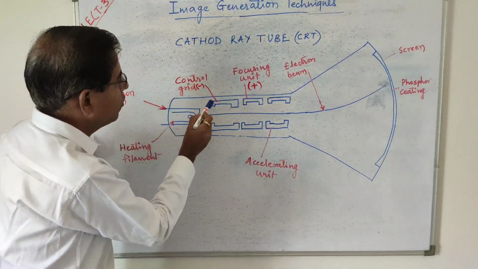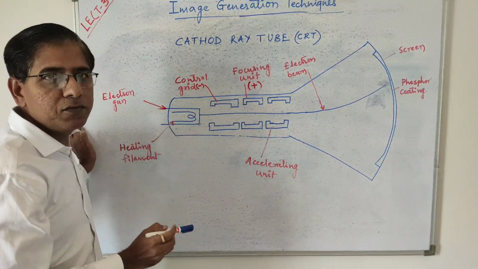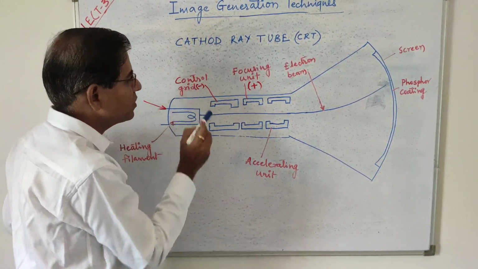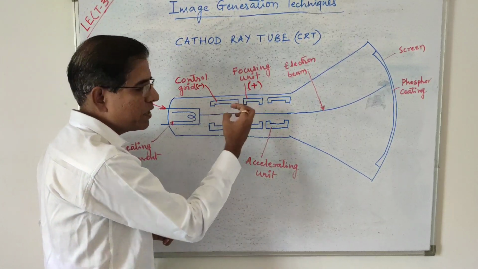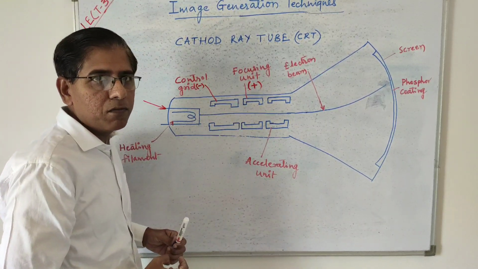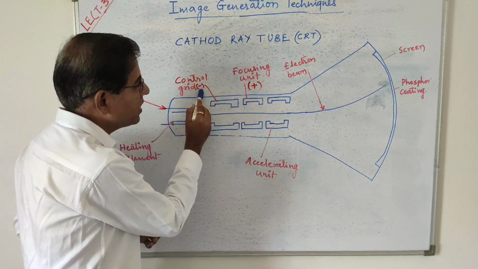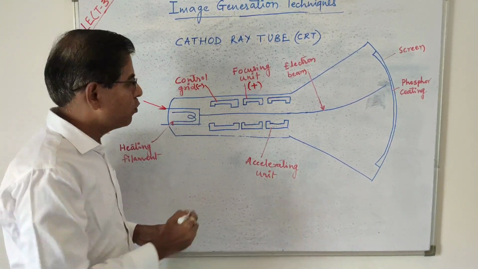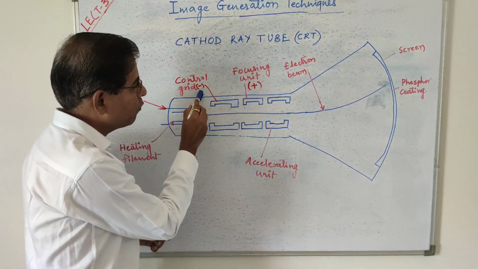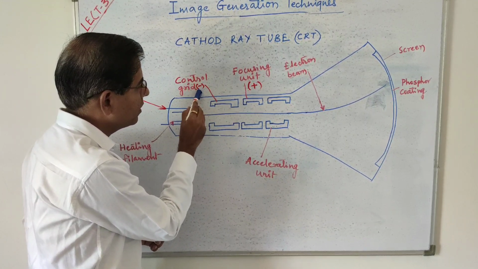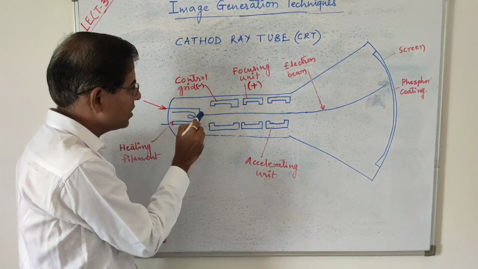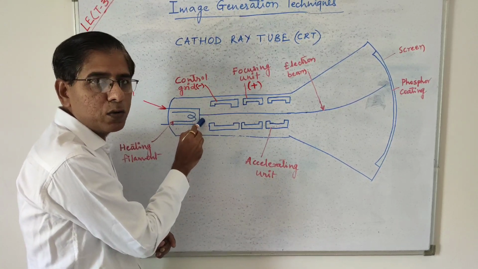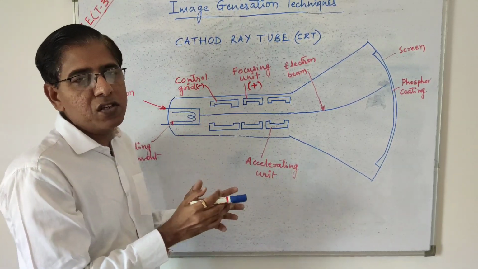Now this is a control grid. The function of this control grid is to control the amount of electrons coming out from the electron gun. Now this control grid is negatively charged. So if a strong negative voltage is applied to the control grid, then this negative charge and the electrons, which are also negative charge, repel each other.